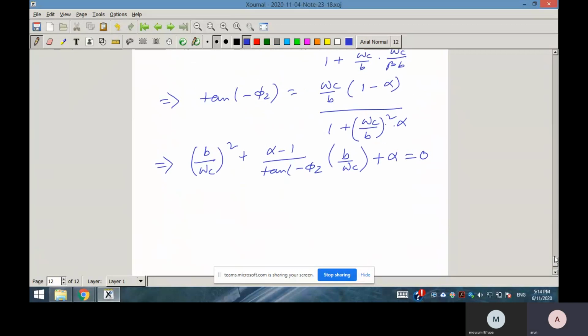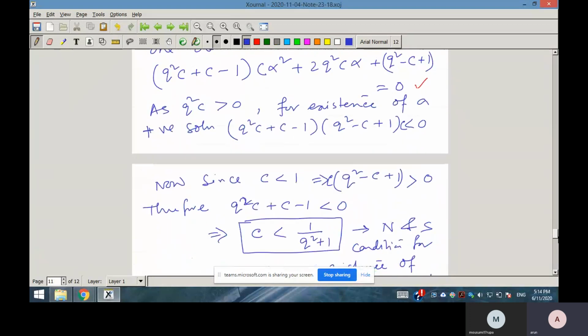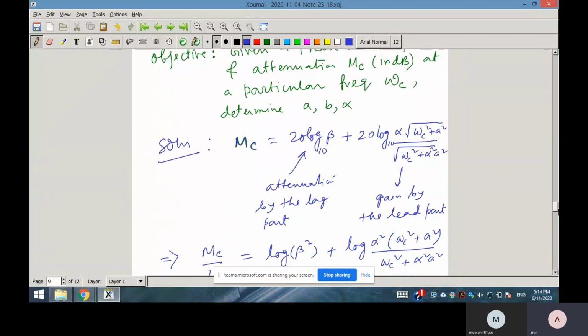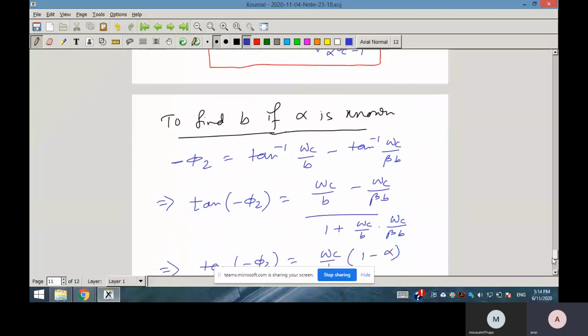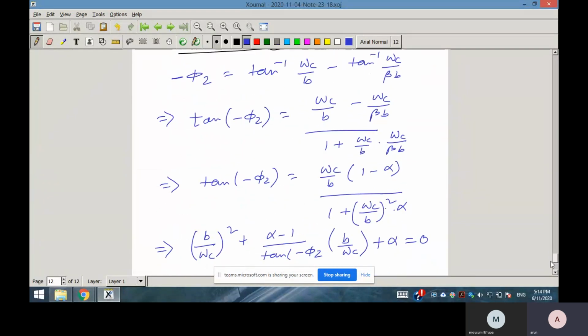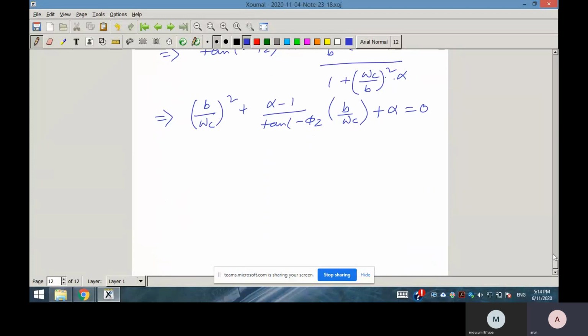So now you have to solve for b. One can assume that omega c is much greater than b. Otherwise, considerable phase lag will be provided by the lag part, and we are assuming that the phase lag provided by the lag controller is negligible, almost 1 to 5 degree.